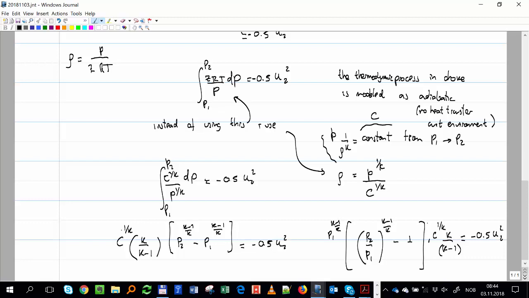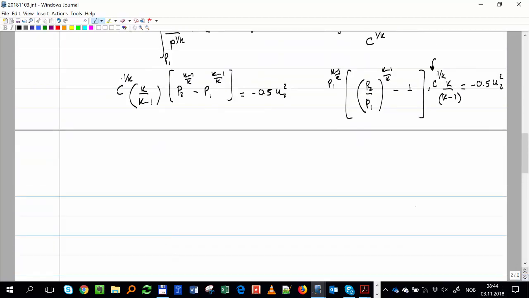Now we have to introduce this C, and we are going to make some changes here. First, I'm going to call P2 over P1 Y, and this will be the pressure ratio.